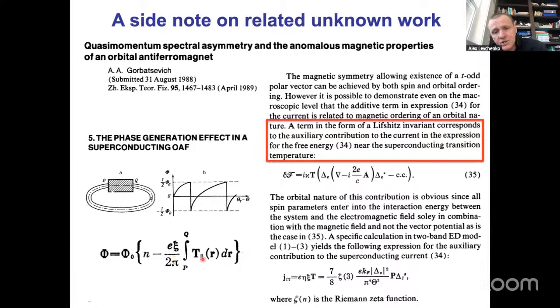This phase shift is related to the additional phase accumulated due to the existence of the toroidal moment. That's also a manifestation of essentially diode-like features. And he talks about an additional contribution to the critical current due to the existence of this magnetization. This is 1988, just a word of credit.